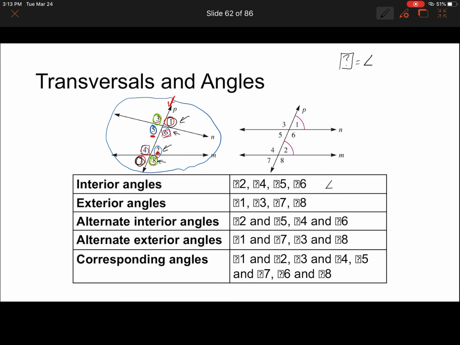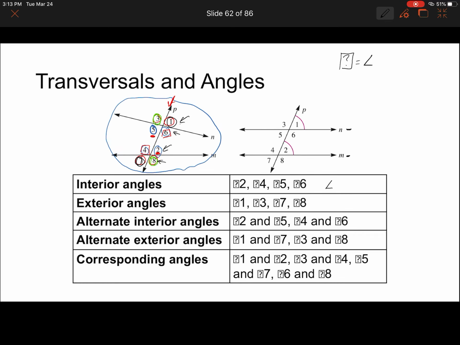So when you see all of these, if we just have two lines split by a transversal, it forms these types of angles. Some of these angles have relationships. Some of them don't necessarily. But if our lines are parallel, line M and N in this case are parallel, then these angle measurements have a lot of commonalities.